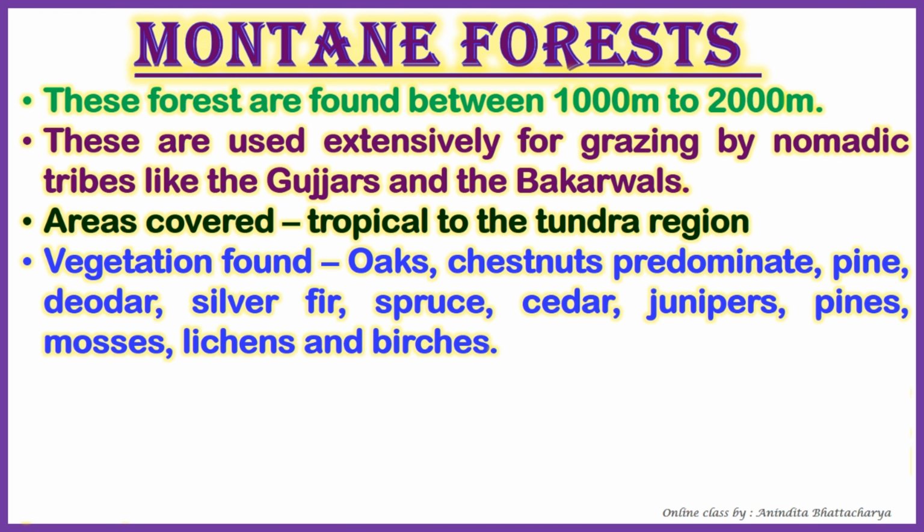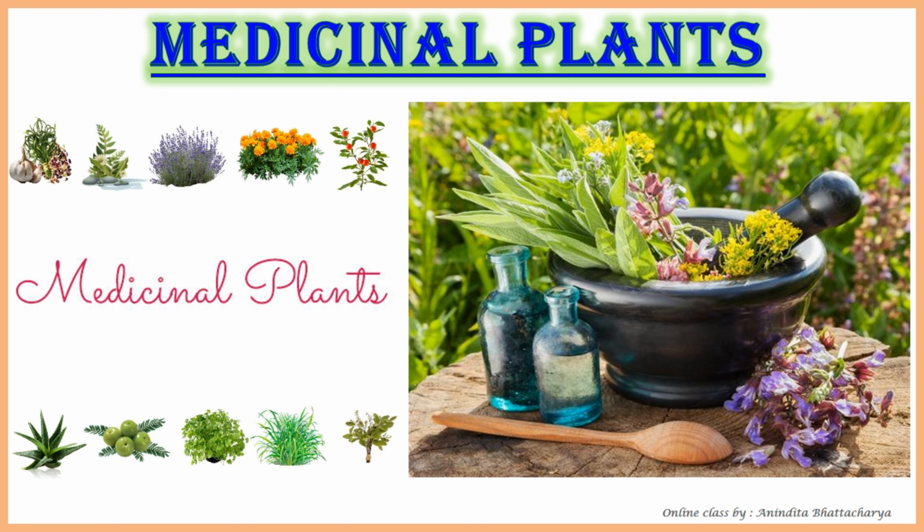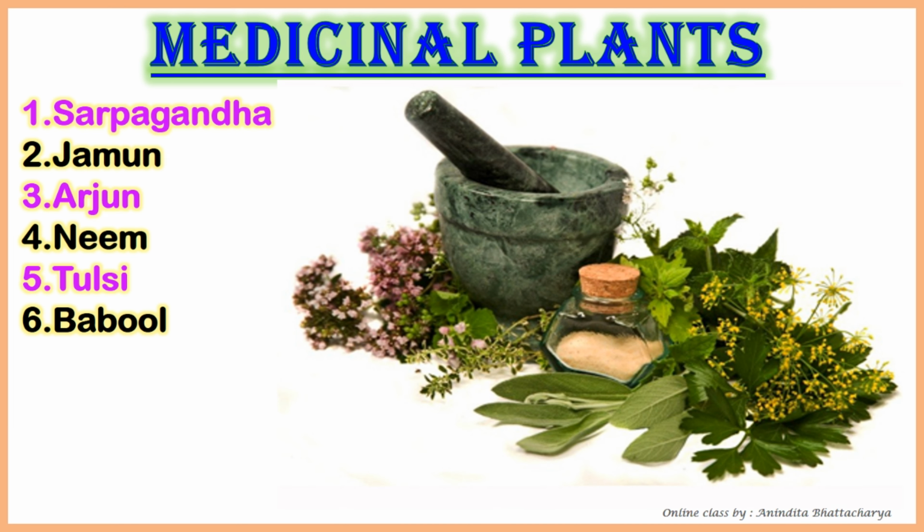Vegetation found includes oaks, chestnut, pine, deodar, silver fir, spruce, cedar, junipers and mosses, lichens and the birches. Animals found are Kashmir stag, spotted deer, wild sheep, jackrabbit, Tibetan antelope, bear and rare red panda. India also has a great variety of medicinal plants like sarpagandha, jamun, arjun, neem, tulsi, babul.